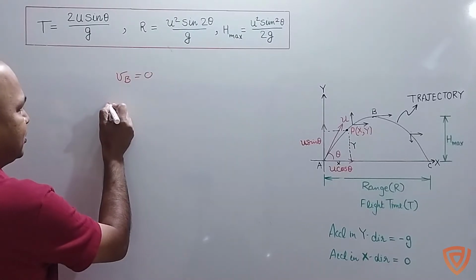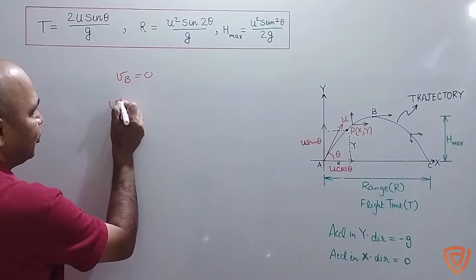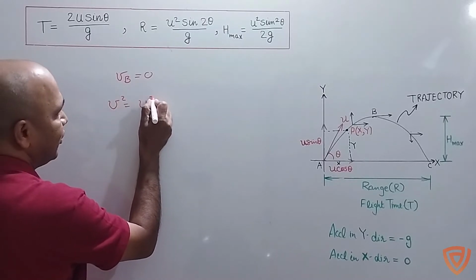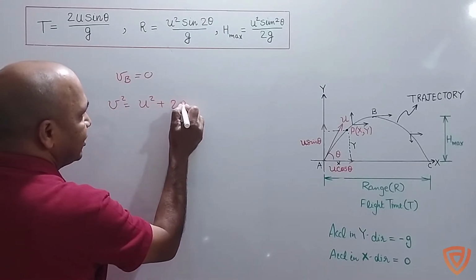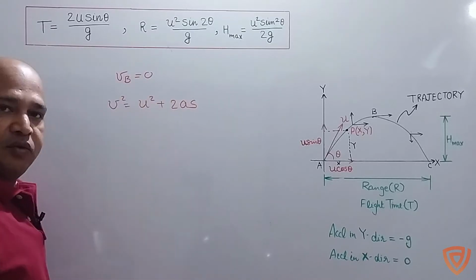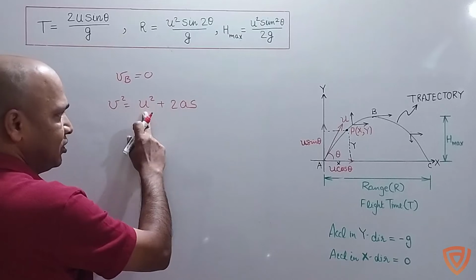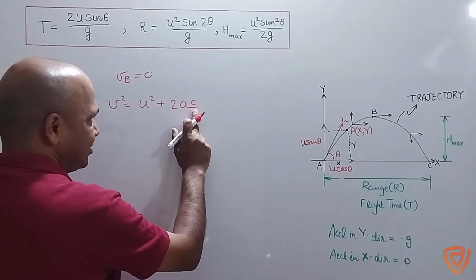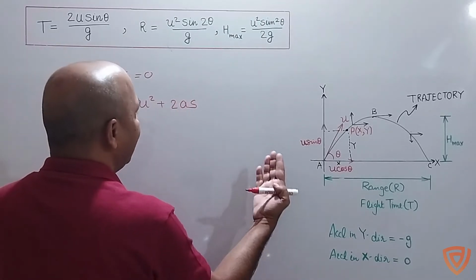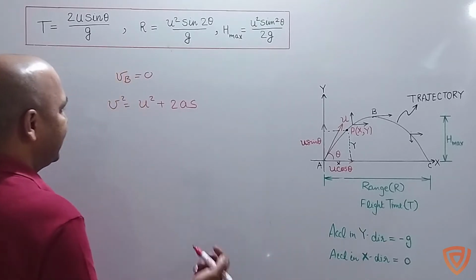So we can use this equation: v square is equal to u square plus 2as. V is final velocity, u is initial velocity, a is the acceleration, s is the height or distance traveled in y direction.